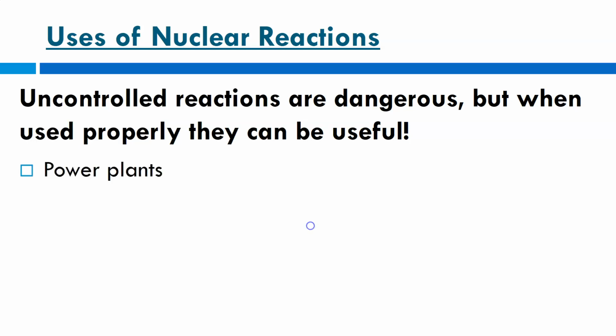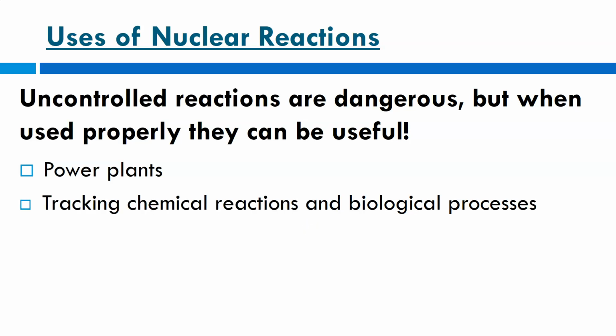So things like power plants, we use it to track chemical reactions in biological processes. We can essentially use a radioactive substance and see how it travels through the body in different metabolic pathways and things like that.